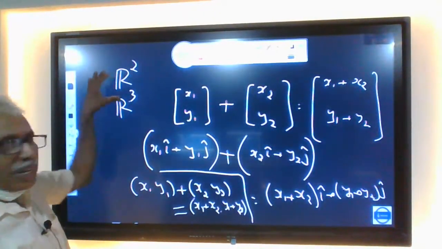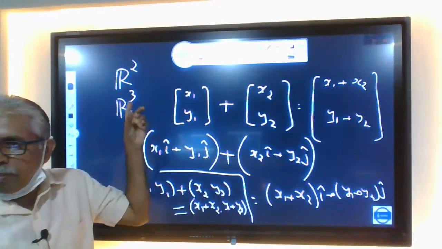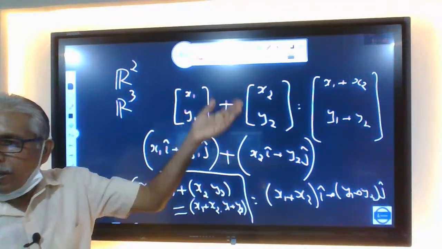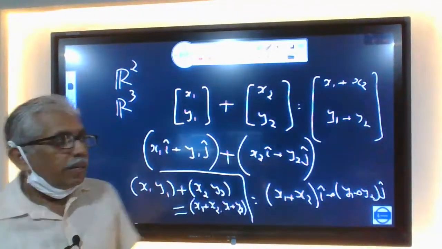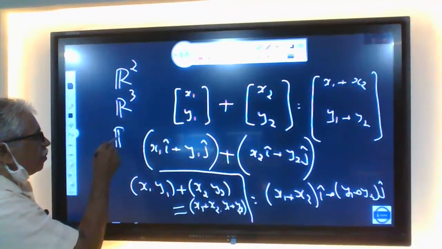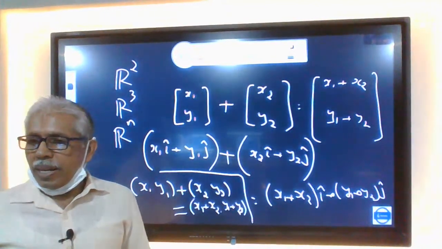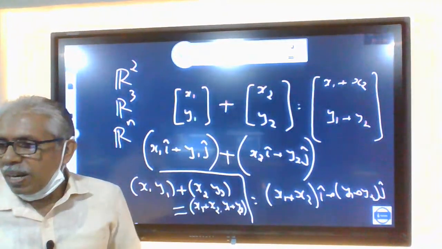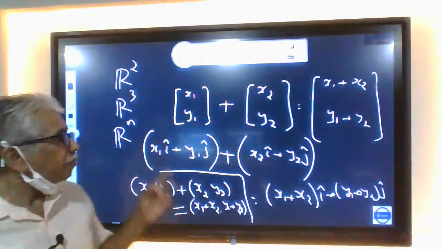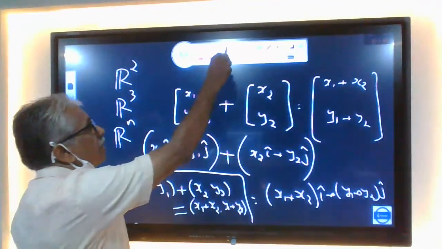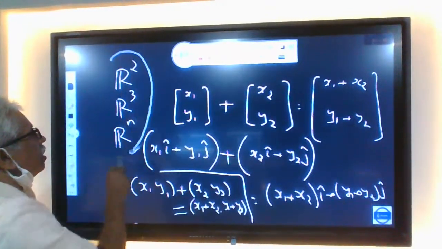Since I am restricting our discussion to two-dimensional and three-dimensional spaces only, you can imagine the next higher levels, even Rn, where you also have coordinate-wise addition.